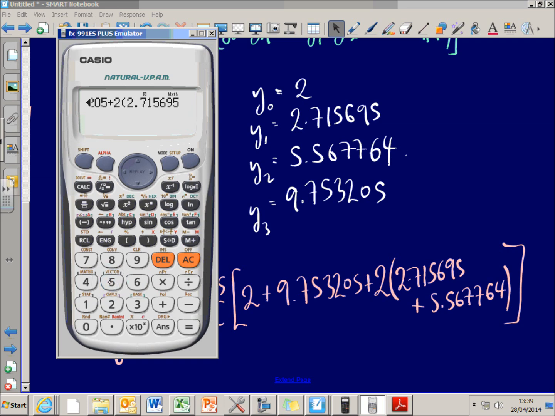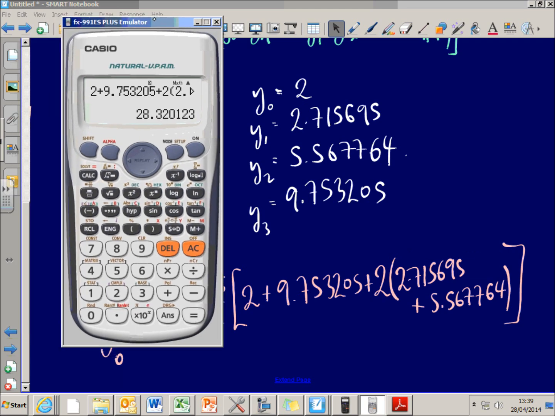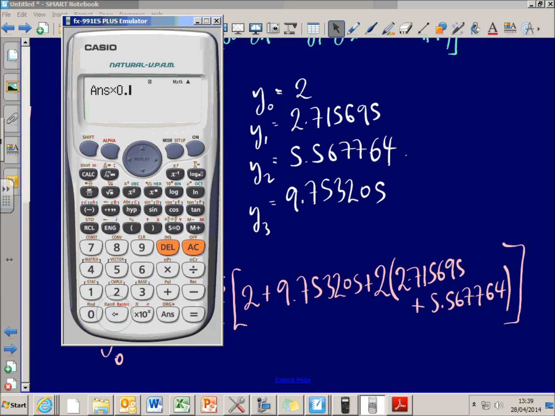Have I done that right? Plus 5.567764. Close the brackets. That's everything inside the bracket, and then I'm going to times it all by 0.5 divided by 2. So I'm going to times it by 0.5, and I'm going to divide it by 2, and that should be the answer there. Is that right? Who got that?